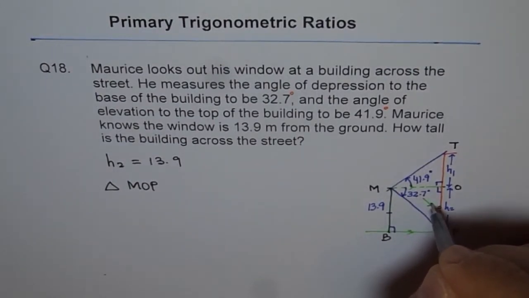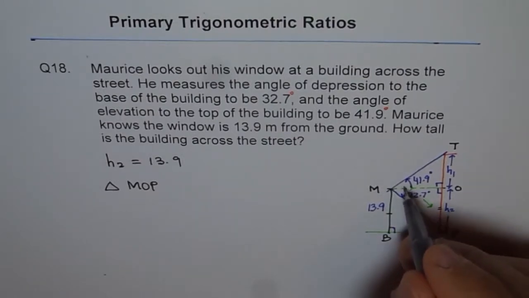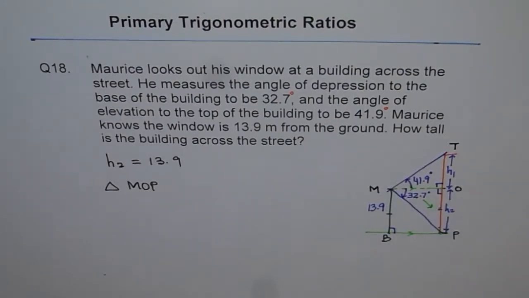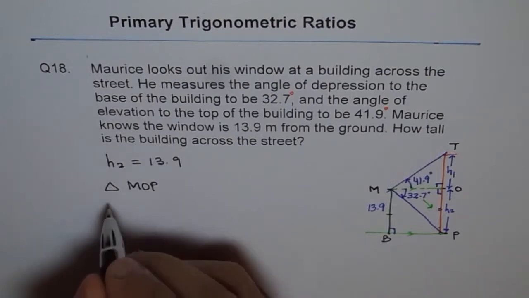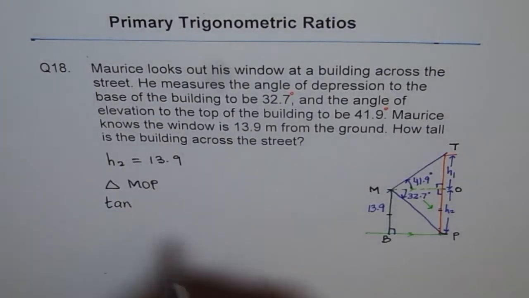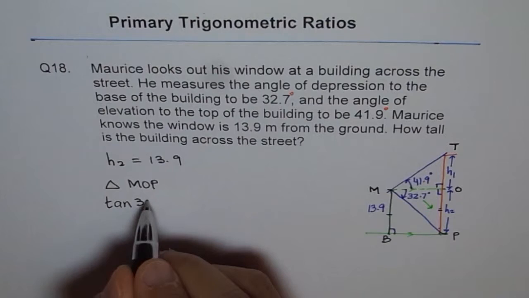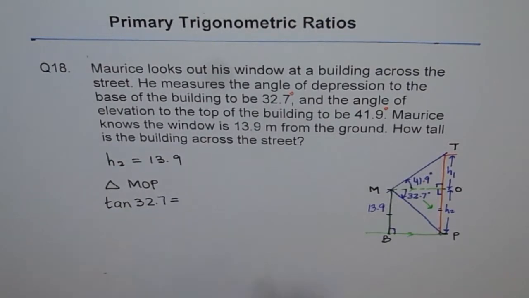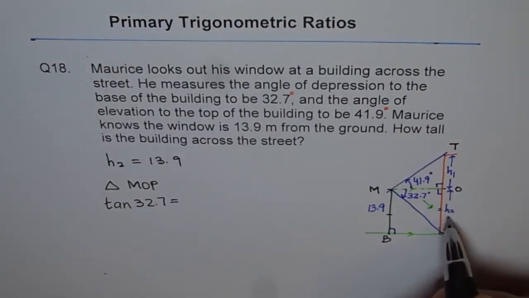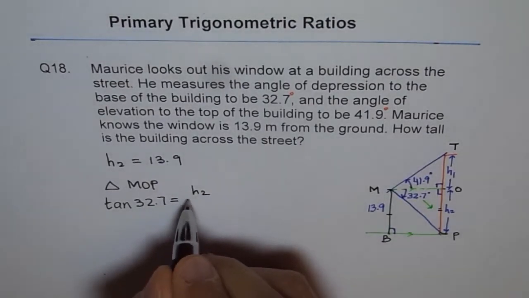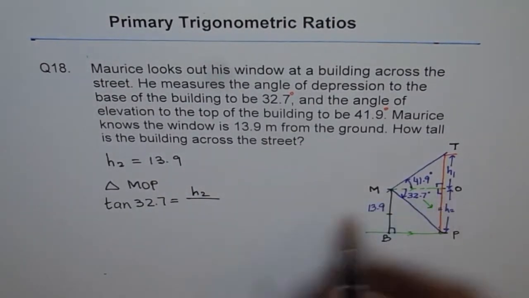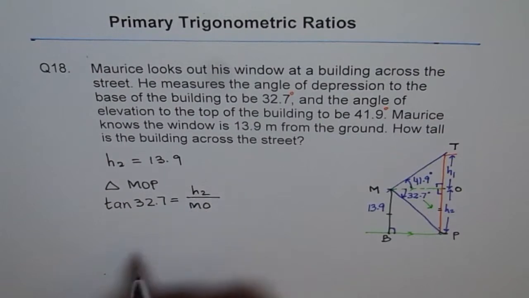You see that this is the opposite side. So we can use tan, and that is the adjacent side, correct? So in triangle MOP, we know tan of 32.7 is equal to OP, which is h2 for us, divided by MO, which we need to find.